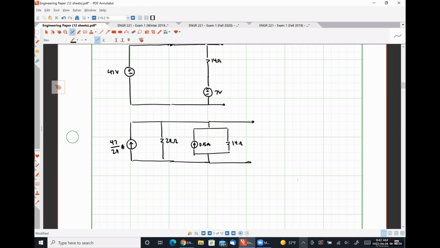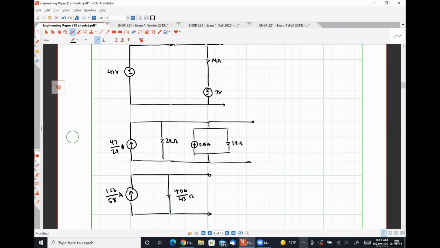And my 47 over 29 is in parallel with my 1/2. So 47 over 29 plus 1/2 looks like 123 over 58 amps in parallel with 29 in parallel with 14, which is 406 over 43 ohms, connected to my load resistor, which I can't change.